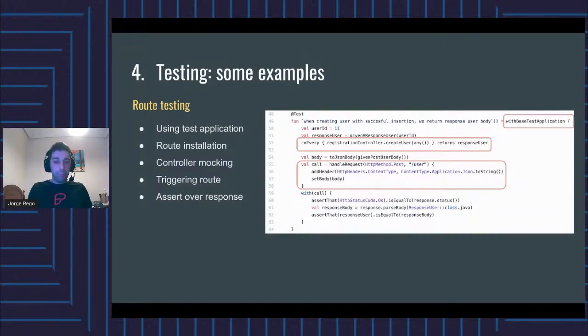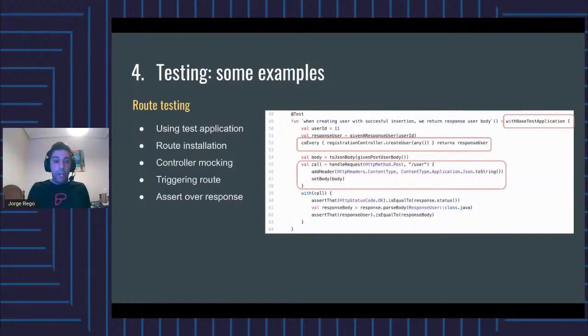After that, we are mocking our dependencies, such as the registration controller. We are defining what should happen to recreate the scenario that we choose to test, in this case returning the response user. We are triggering the route by defining the call and the path that we are calling, with the parameters or headers and the body.